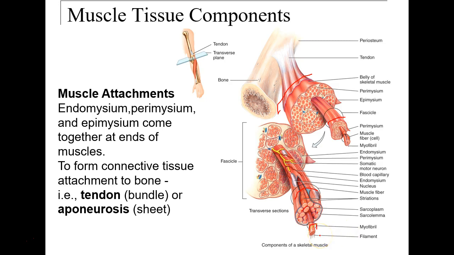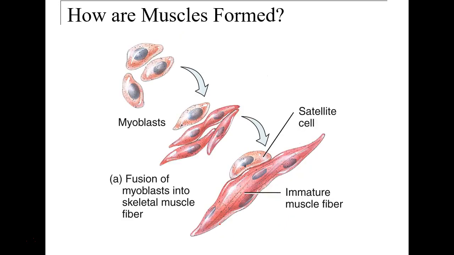And within those myofibrils, we have the myofilaments. This is how we form a muscle cell. Multiple myoblasts fuse together. This is a reason why we have multiple nuclei found in skeletal muscle.